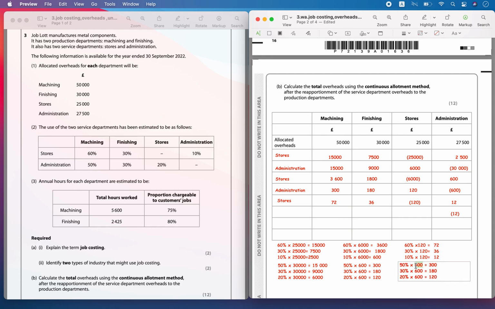So 50 percentage of 12 pounds, 30 percentage of 12 pounds and 20 percentage of 12 pounds. So 50 percentage is going to be 6, 30 percentage is going to be 3.6, which I can write as 4, and then you have 20 percentage of 12, 2.4.